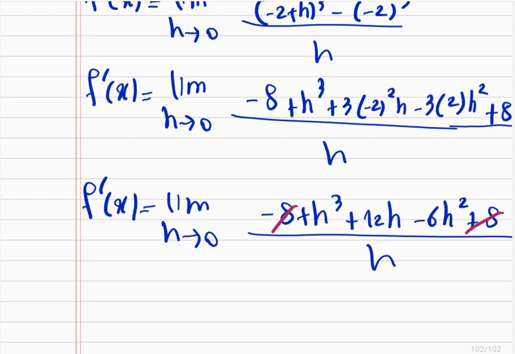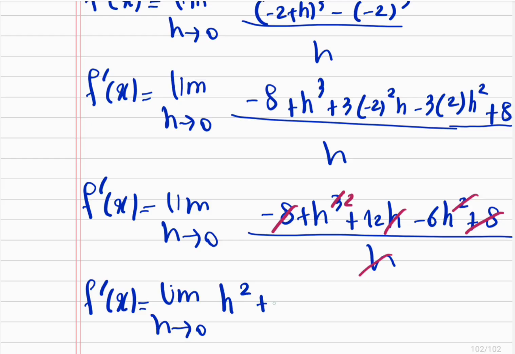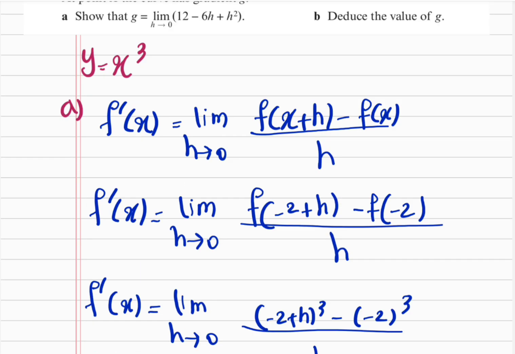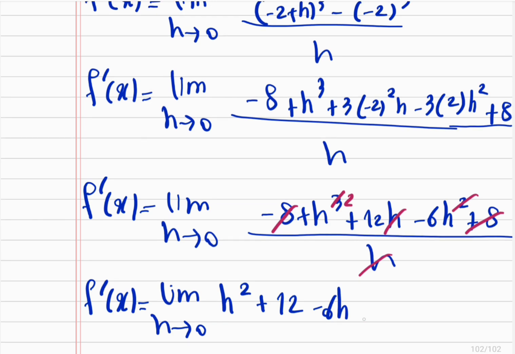Other than that, we can just divide everything by h. So this cancels out the denominator, this h cubed becomes h squared. We finally have the limit of h squared plus 12 minus 6h. And that's exactly what we wanted to show, because that's 12 minus 6h plus h squared. So that's part a.